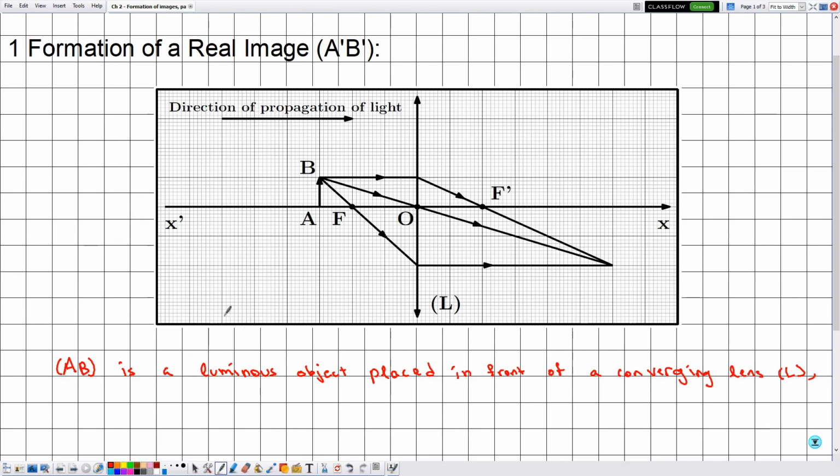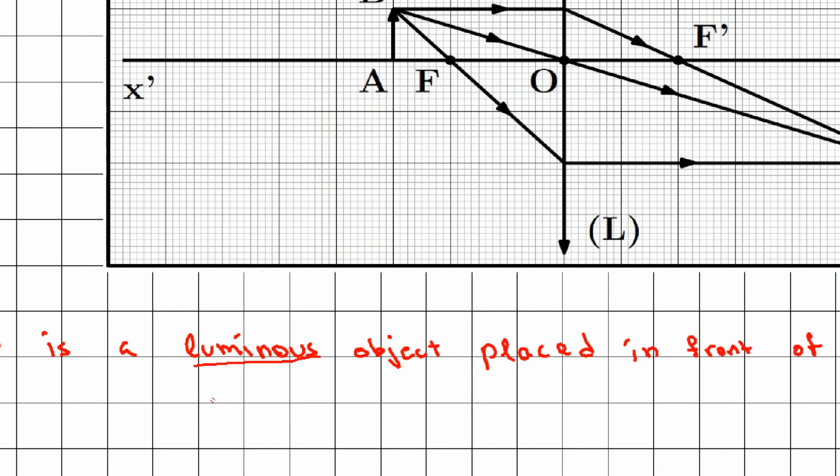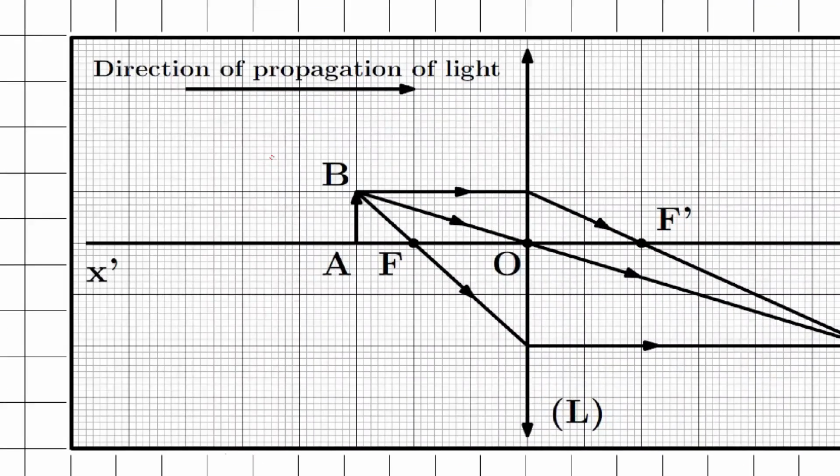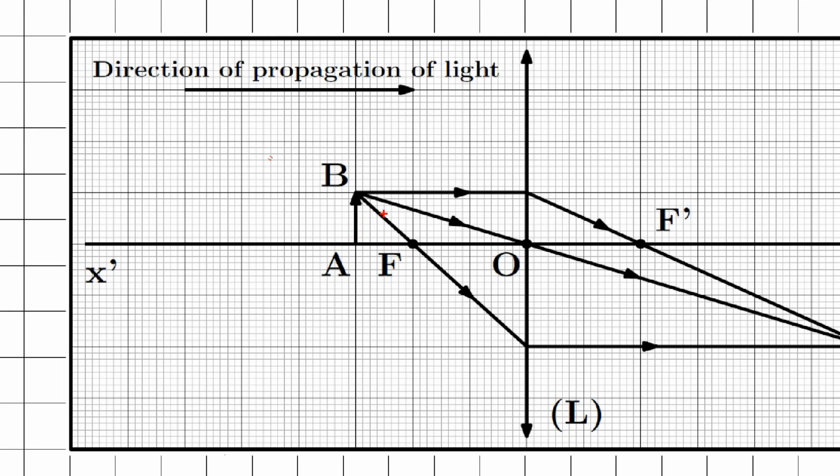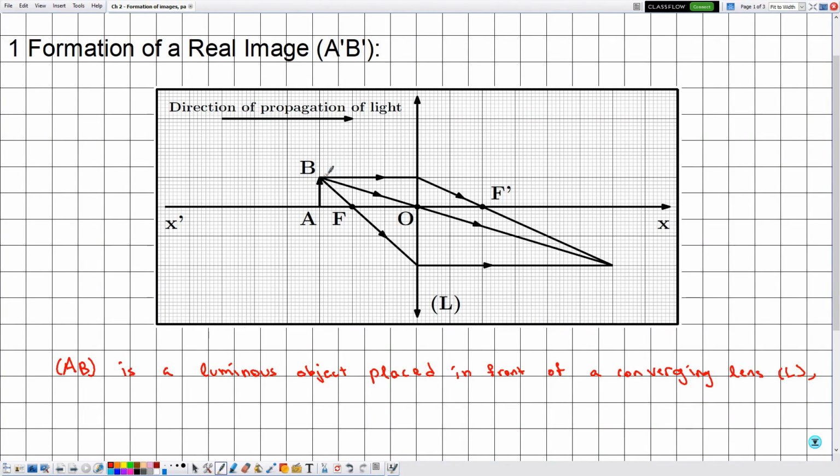Here AB is a luminous object, and the word luminous means that it's made up of light. Okay, so because the object AB is a luminous object, then it can emit light in all directions like this. But because the direction of propagation of light is from left to right, then we will be only interested in the light rays that are propagating from left to right and issued from the object AB.